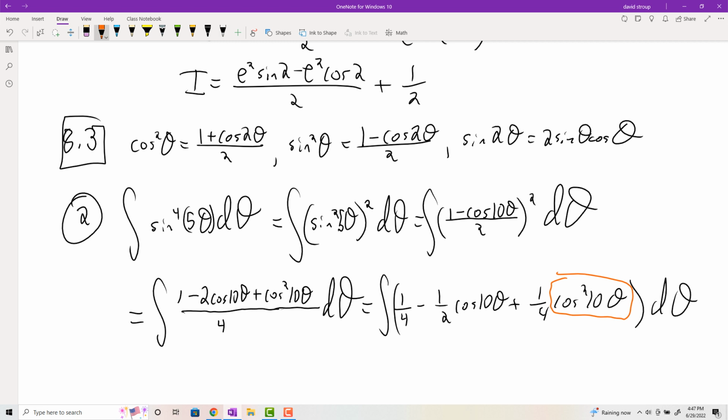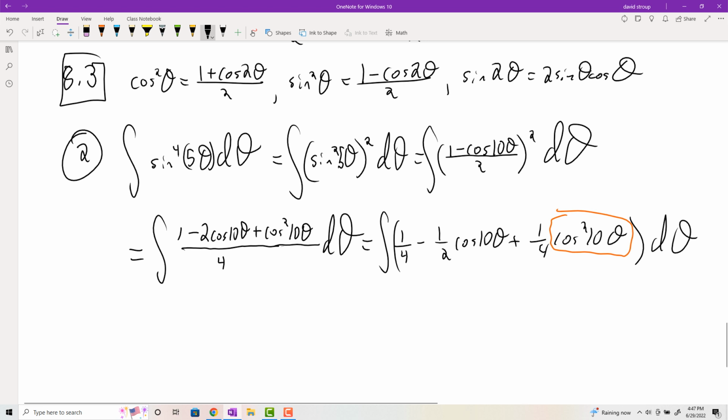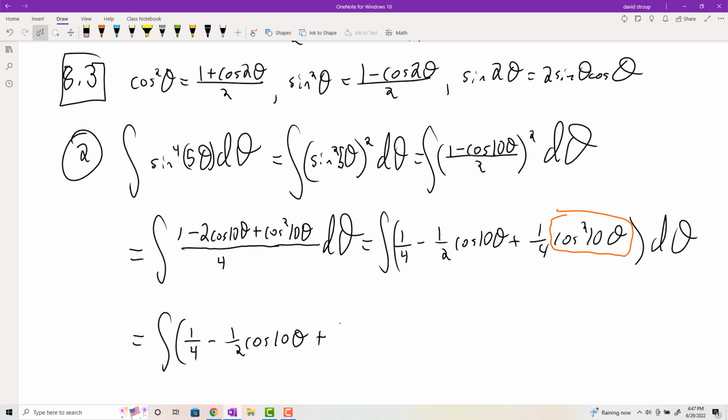Okay, so you always need to get that cosine power down to just cosine to the 1st power. So in this case, I'll have 1/4 minus 1/2 cosine 10 theta plus 1/4 times 1 plus cosine. If I double 10, it will give me now 20 thetas all over 2 d theta.